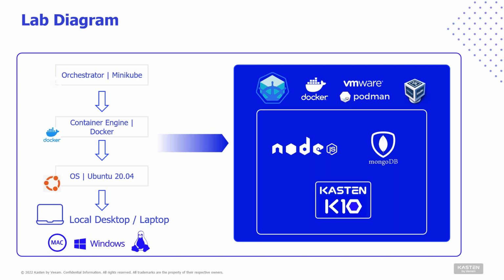The Pacman application will be running using Node.js coupled with MongoDB as a backend service, and also with a K10 instance installed in a separate namespace on the same cluster. Also MinIO: we will use MinIO as the S3 target to simulate object storage for backup export. Without further ado, let me jump straight into the labs.